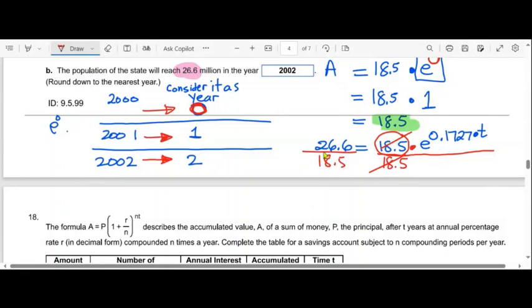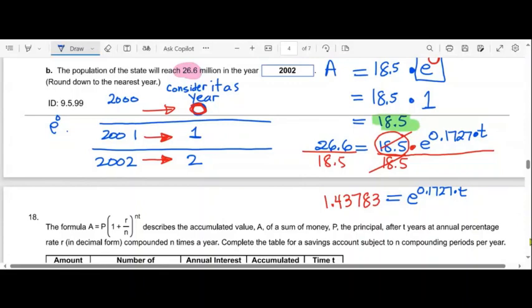Now use the calculator and tell me how much. 1.43783. Good.